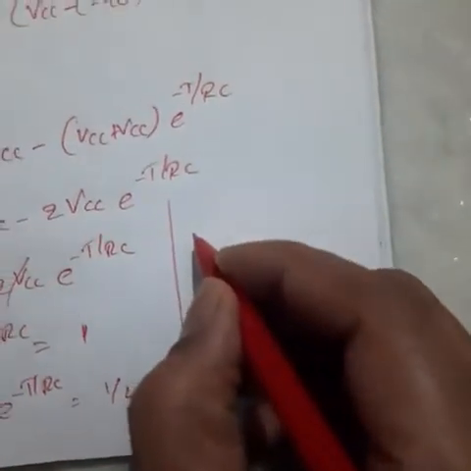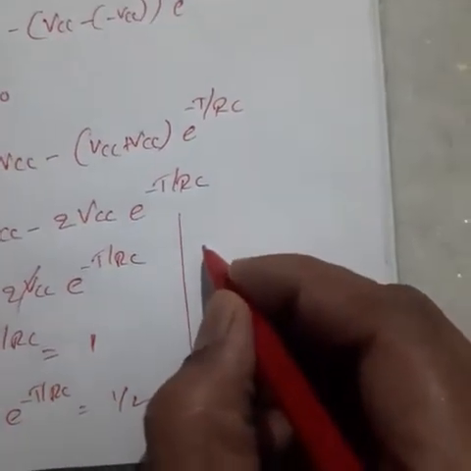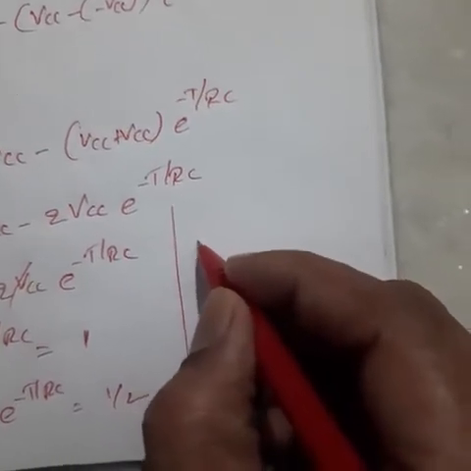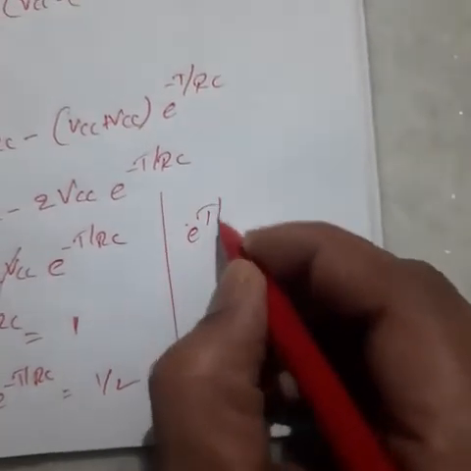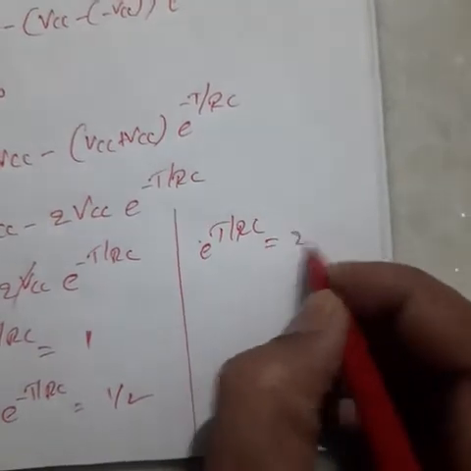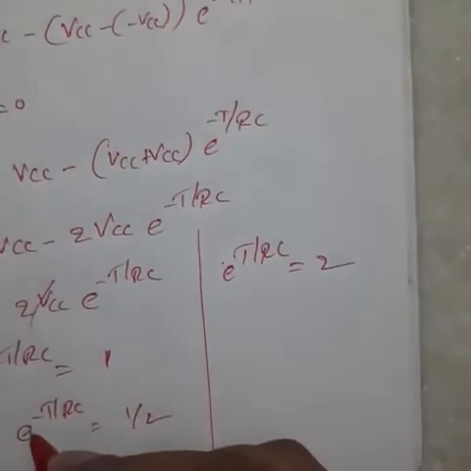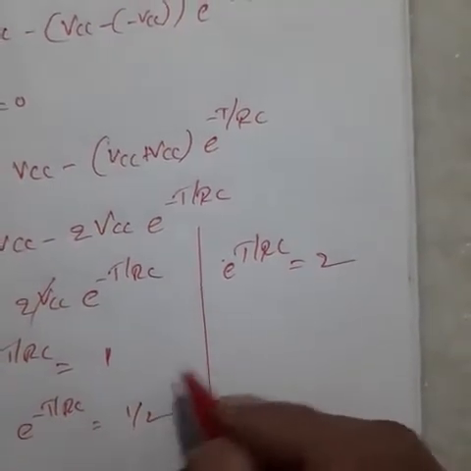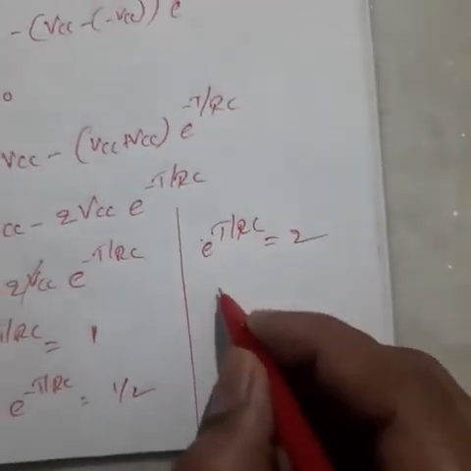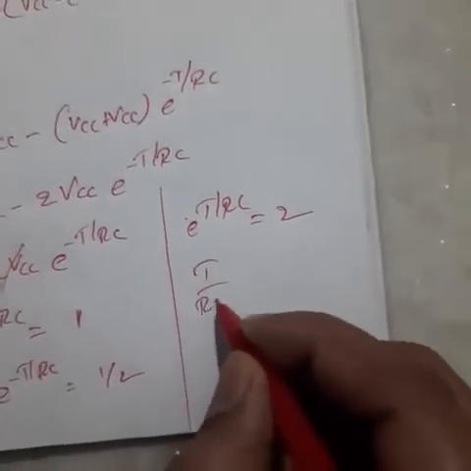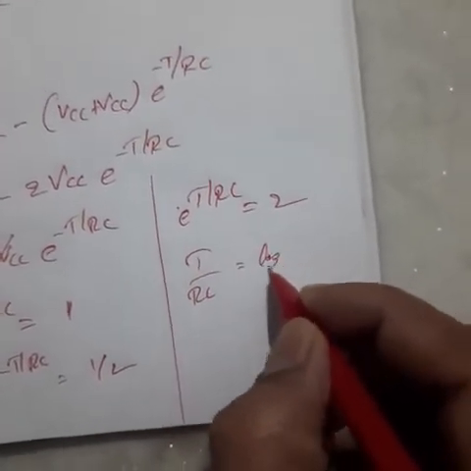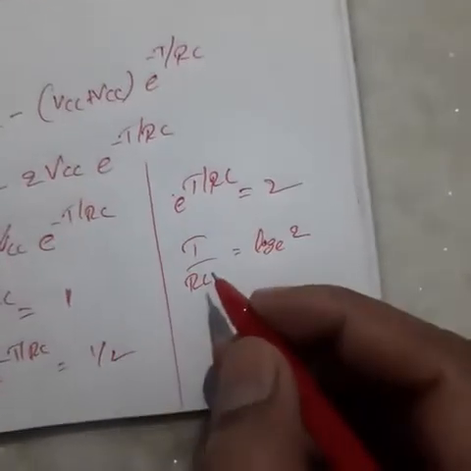Then apply logarithm on both sides. Otherwise, e power T by RC equals 2. Applying logarithm on both sides, we get log base e of 2.